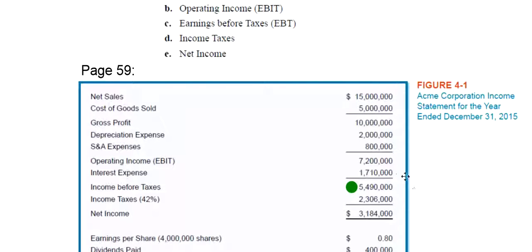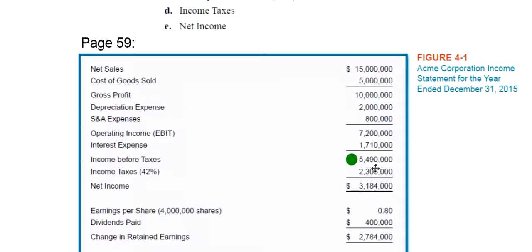That gives us our earnings before taxes. Then to finally find our net income, we need to subtract whatever taxes we paid. In this case the tax rate is 42%, so we take 42% of our earnings before taxes, which happens to be $2,306,000.